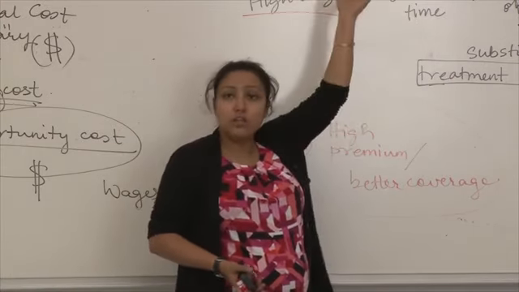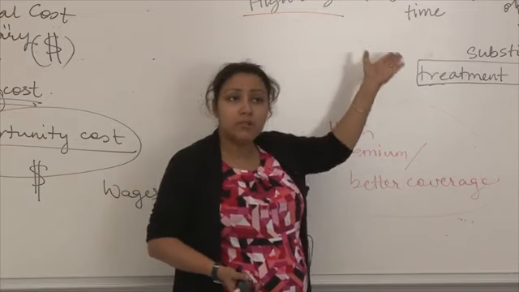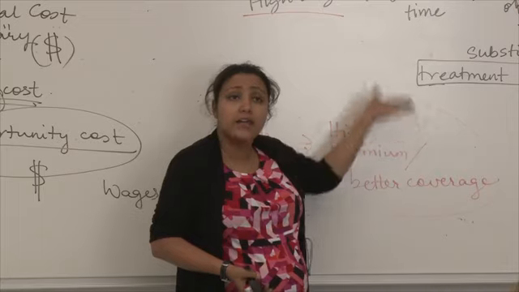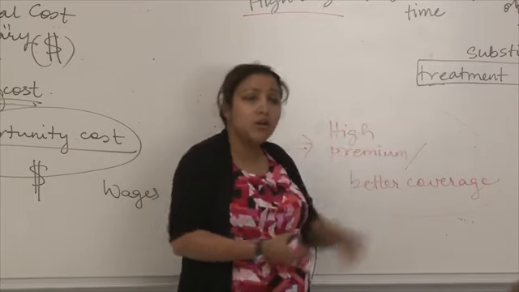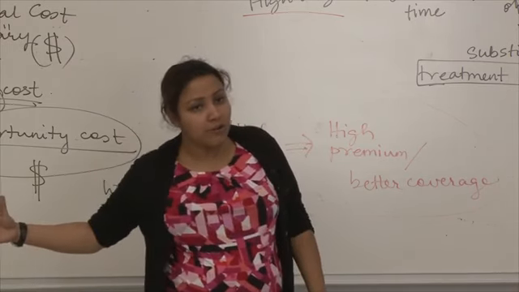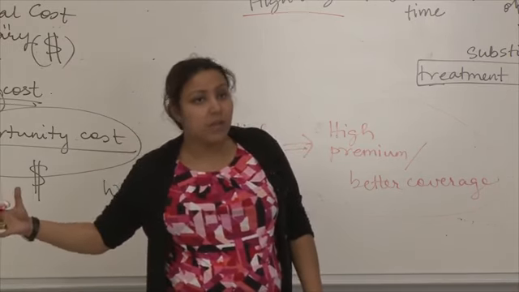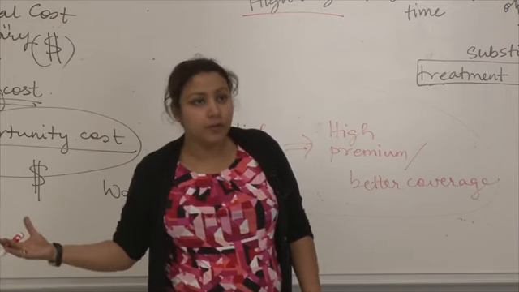So their opportunity cost of time is also rising. They are valuing time even more, and they are willing to pay higher and higher premium. And while they want to pay higher and higher premium, more and more people with not so high income are losing coverage. They are staying uninsured, because they cannot afford it.